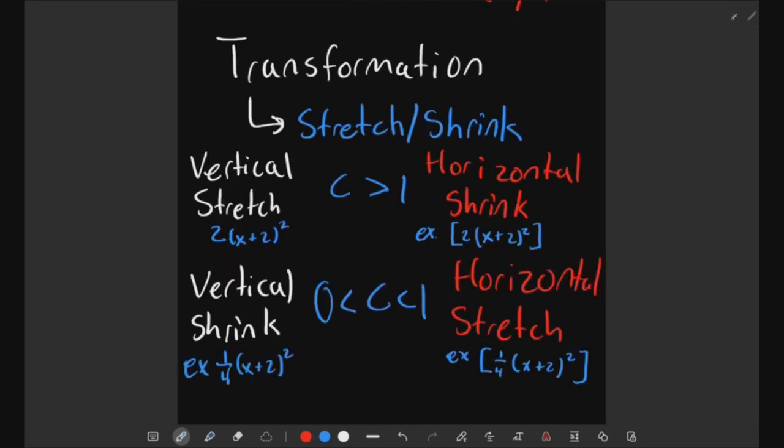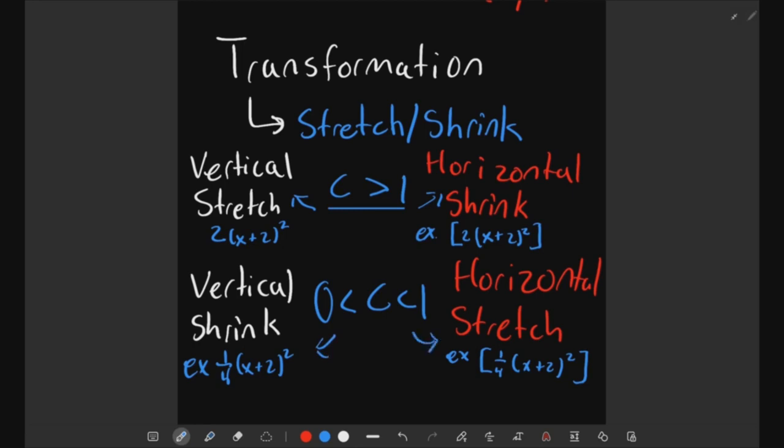So these are the last types of transformations. This would be the stretch and the shrink. So if the number is bigger than 1, you're going to have a vertical stretch or a horizontal shrink. But if the number is between 0 and 1, you could either have a vertical shrink or a horizontal stretch.